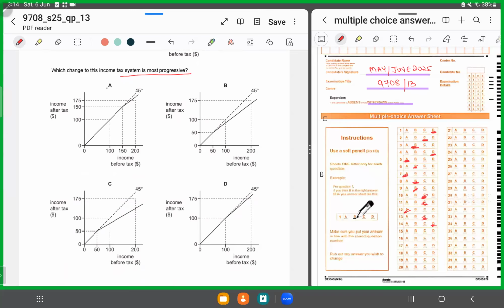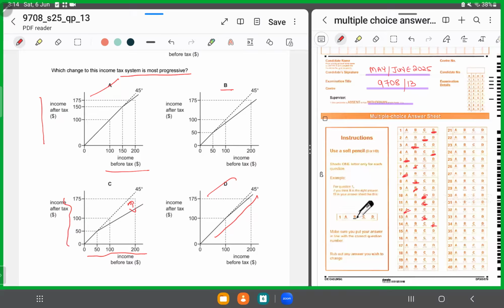So it cannot be A, it cannot be D, because look at the horizontal axis, it displays the income before tax and the vertical shows the income after tax. So as the level of income increases, the gap has to be widened. In both B and C, the gap is widened, but notice it's in option C where the gap between these two lines is the widest and the proportion of tax paid increases as there is progression in the income level.